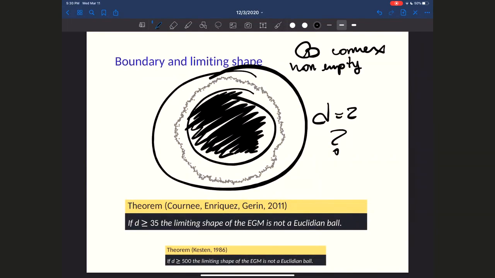So this is what we mean when there exists a limiting shape. Okay, so if someone is interested in this kind of problem, I really suggest going into it. It is a very exciting area.